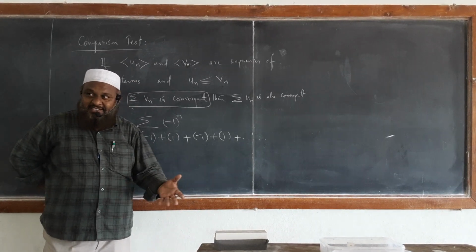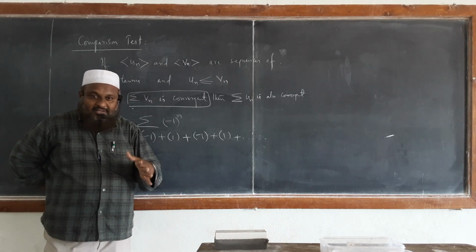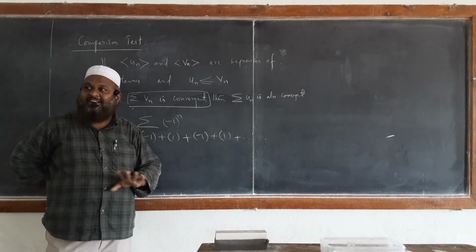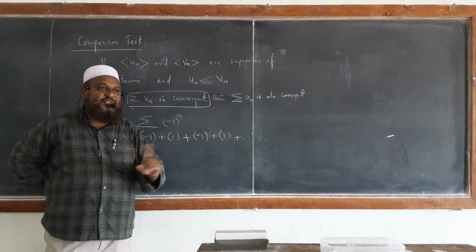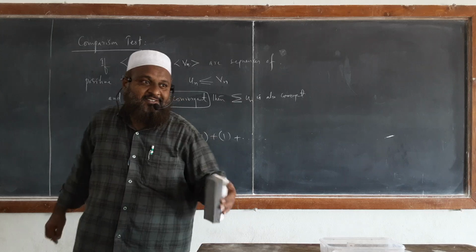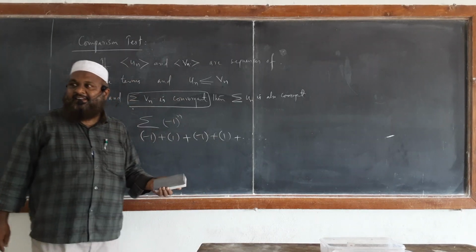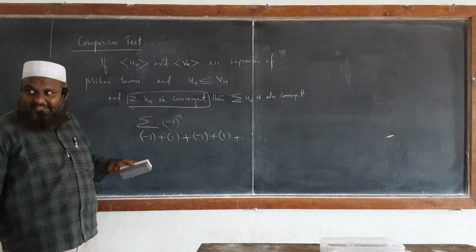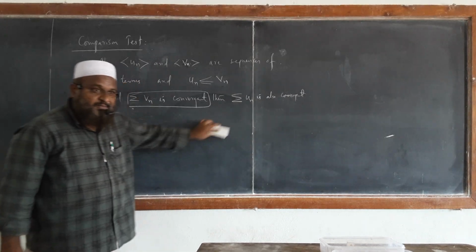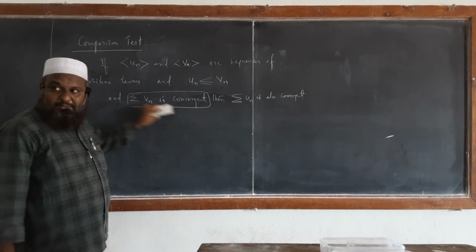So it is fluctuating between two numbers. So it does not have a unique finite number as the sum. Therefore it is not convergent.